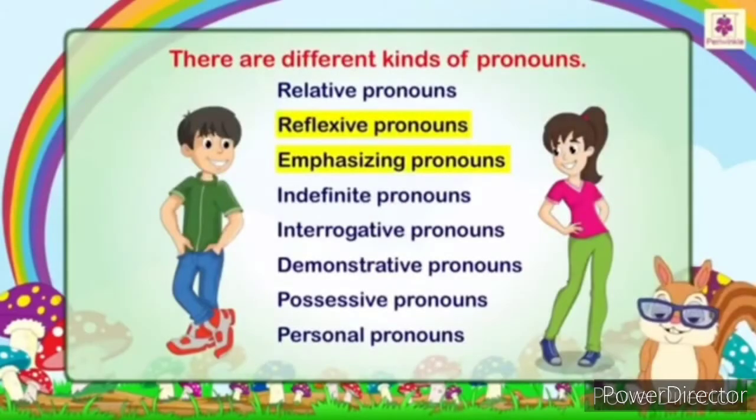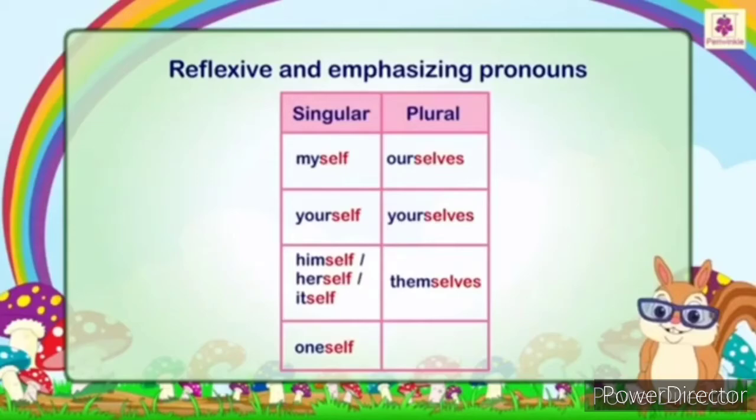Now let's move on and see the next type of pronoun, that is reflexive pronoun and emphasizing pronoun. The following words are called reflexive pronouns and also emphasizing pronouns. They both end in self or selves and convey emphasis.